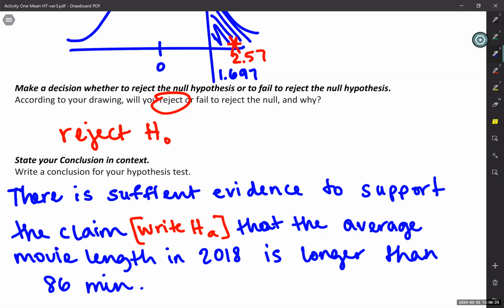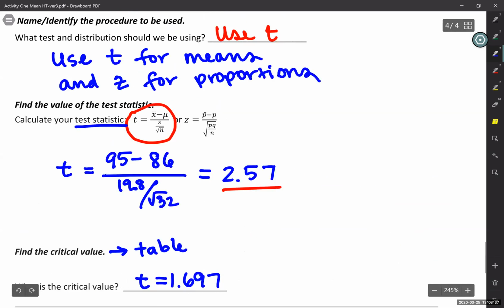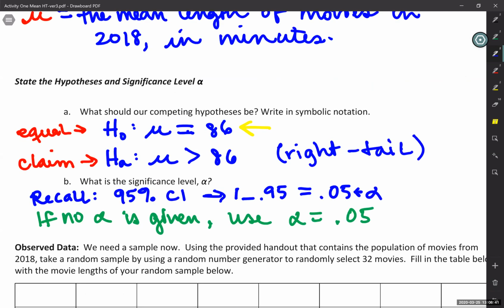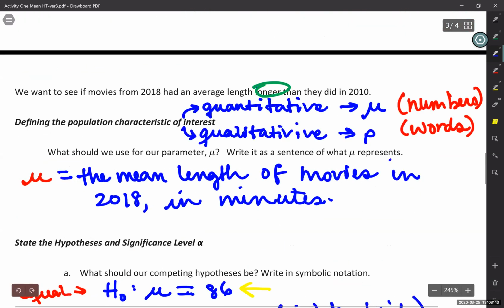Okay, there is sufficient evidence to support our claim, and then we write out the claim, which is the same as our alternative. You could have written greater than, that's fine, because if you go back to the alternative, we said mu, the average, is greater than 86. Or if you go back to the question, it says longer than.